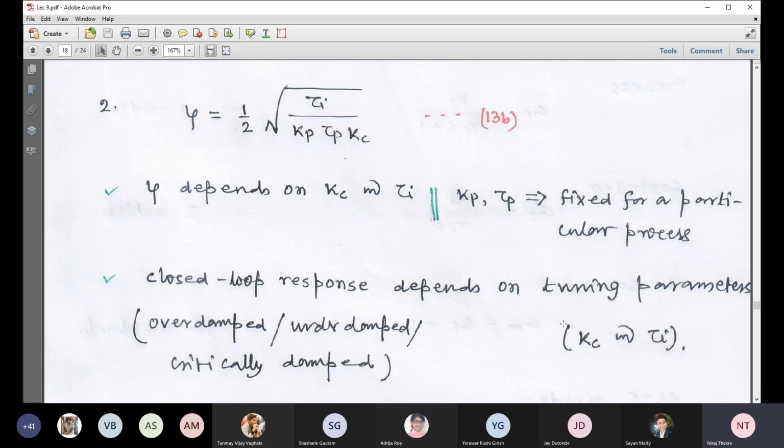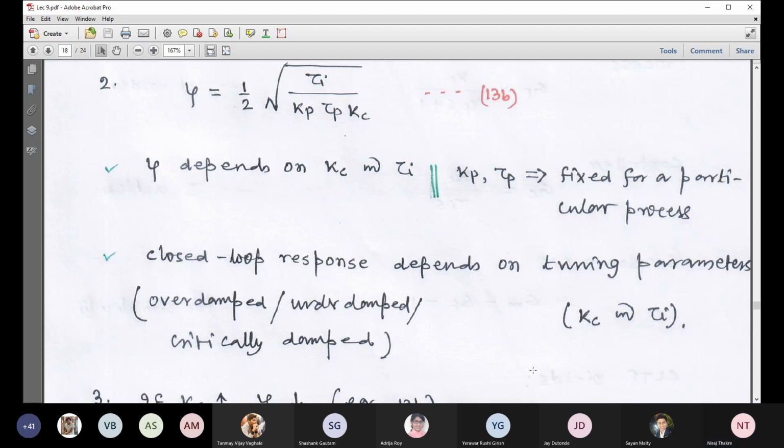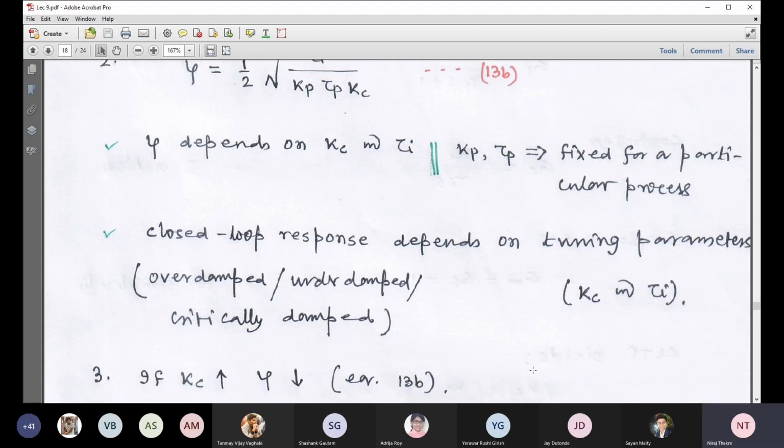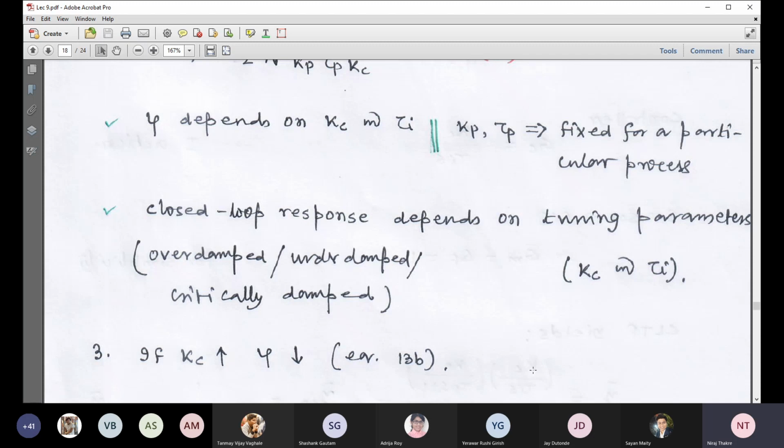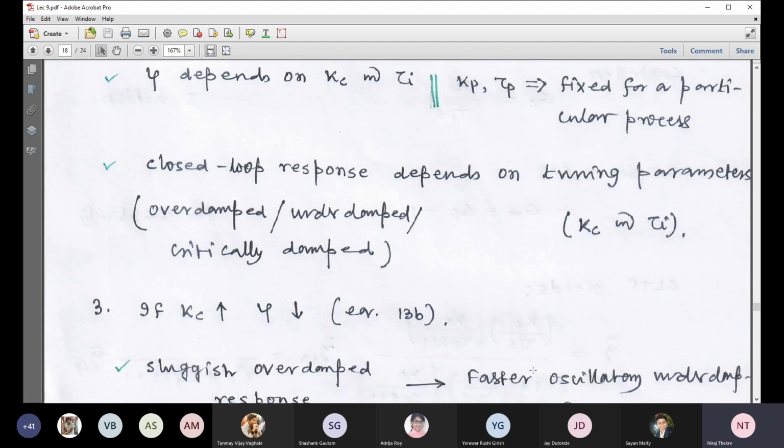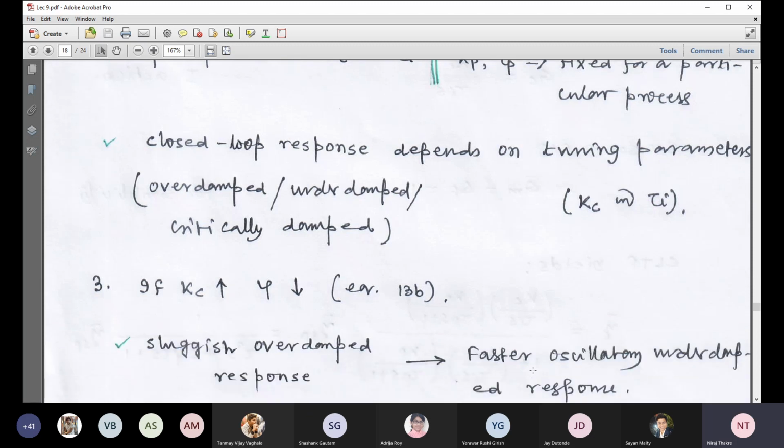Okay, it is quite obvious from equation 13b. Now from again equation 13b, we can see that if Kc increases, zeta decreases because Kc is present in the denominator.